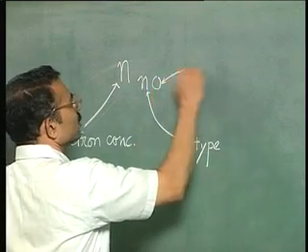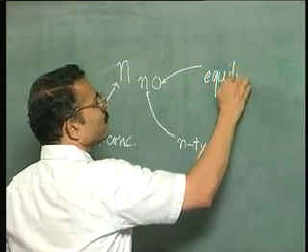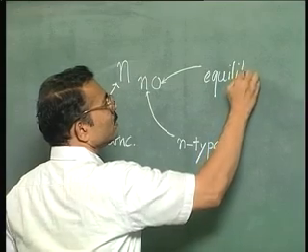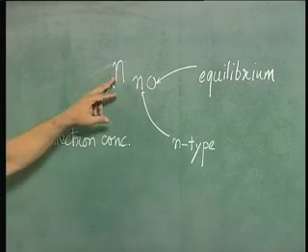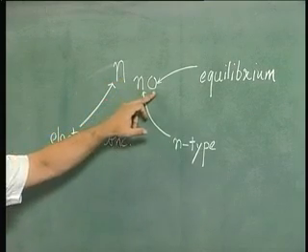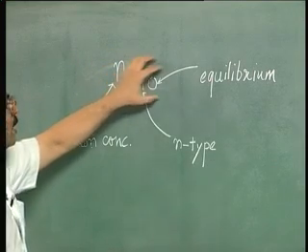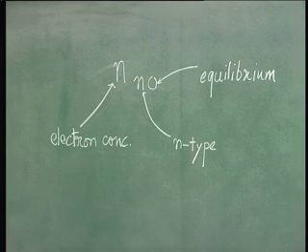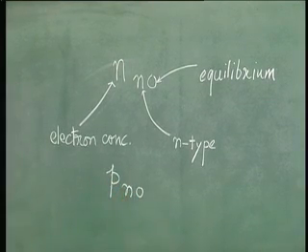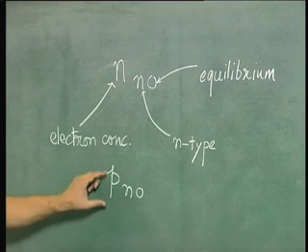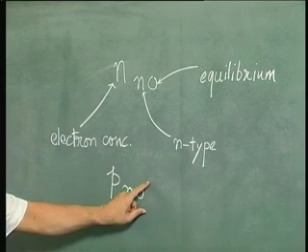This suffix 0 stands for the fact that the semiconductor is under equilibrium. So N suffix N0 means the electron concentration in an N-type semiconductor under equilibrium conditions. So as per this notation, if I write PN0, that would imply the hole concentration in an N-type semiconductor under equilibrium.